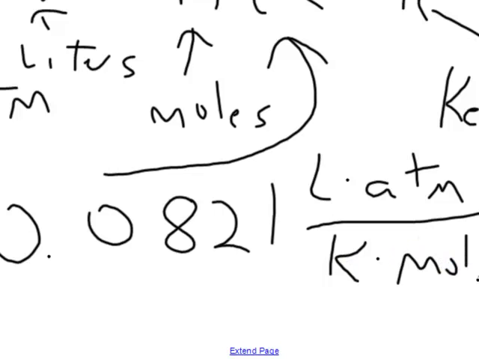Now, notice that whole batch load of units there is just the unit. It's not a variable. It's not that something has to be substituted in there. It is simply that the unit for 0.0821 is liter atmospheres per Kelvin mole. Think of that as one word, one term.